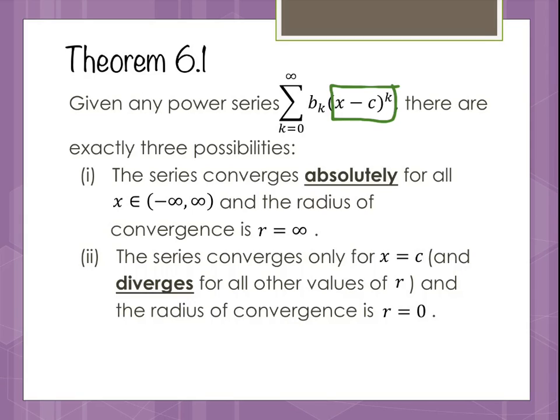So you definitely will have one location where this is going to converge. It's precisely when x and c are the same quantity. Okay? But it could be that that's the only place. So the second option says the series converges only for x equal to c, and then it diverges everywhere else.